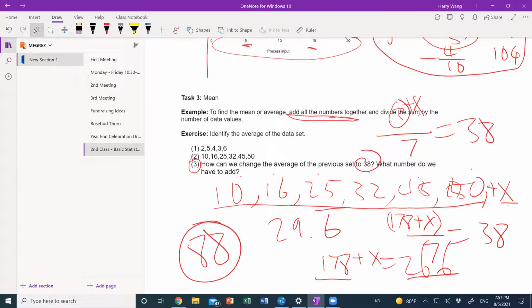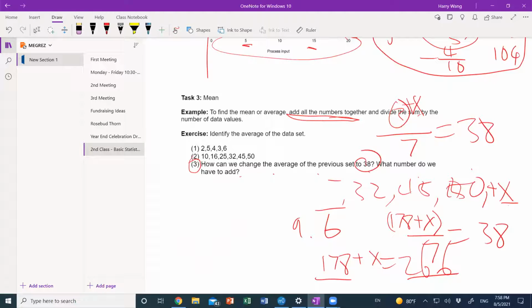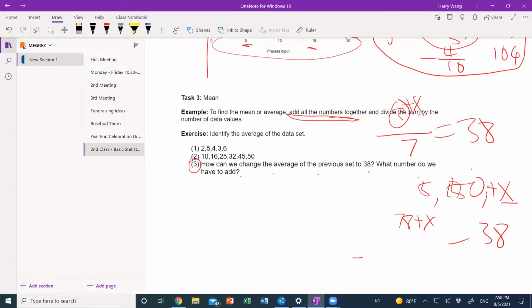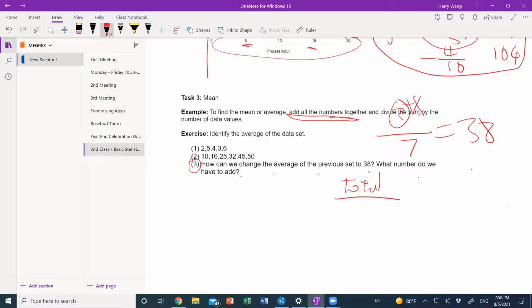All right. So when you try to manipulate the average by adding values, you have to remember that you can do this multiple ways. Let's assume we're manipulating the average by only adding one extra value. So it would be total sum over the number of numbers.